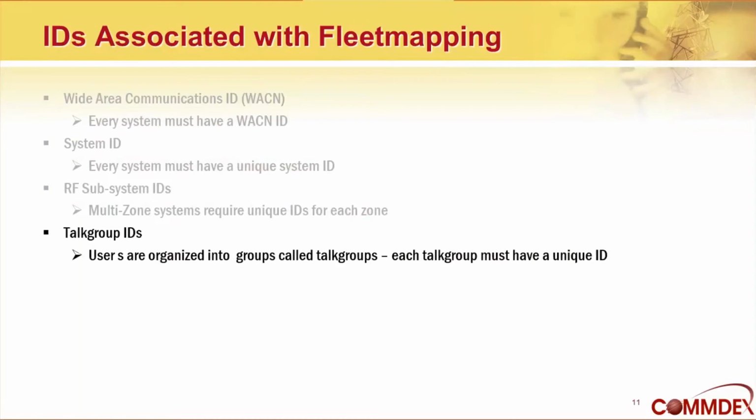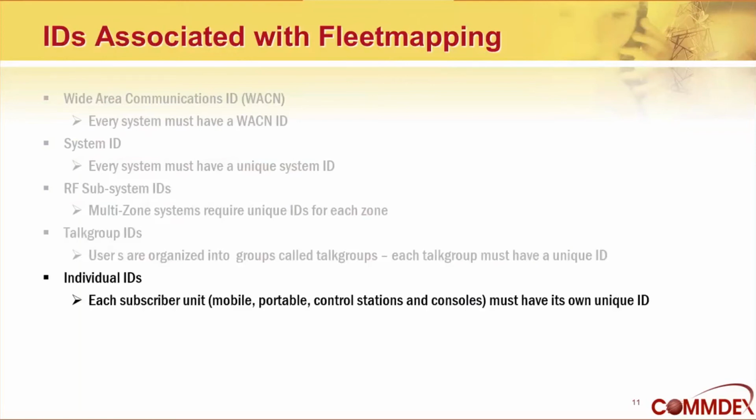So the system designer has to set up all these IDs. And finally, each individual unit itself, these are not hardware serial numbers, these are soft IDs that are programmed into each radio that lets it be recognized by the system.